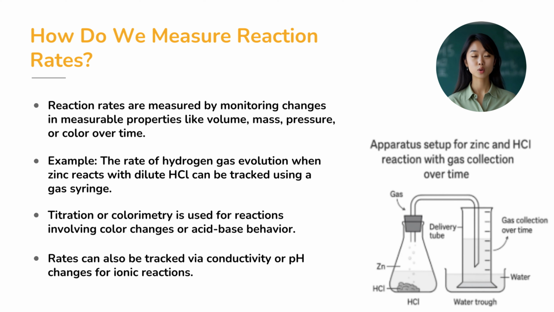We can measure the volume of gas evolved over time using a gas syringe, giving us the rate of hydrogen formation. Other techniques include titration for acid-base reactions or colorimetry when color changes. Even conductivity and pH meters are used in ionic reactions. The idea is simple: track how something measurable changes over time, and you've captured the rate.